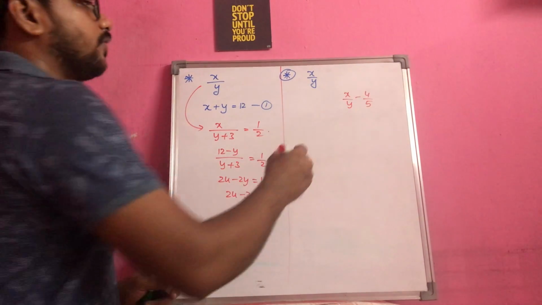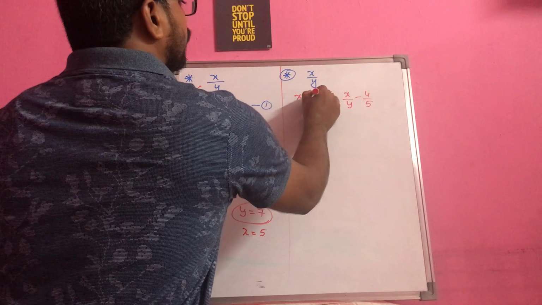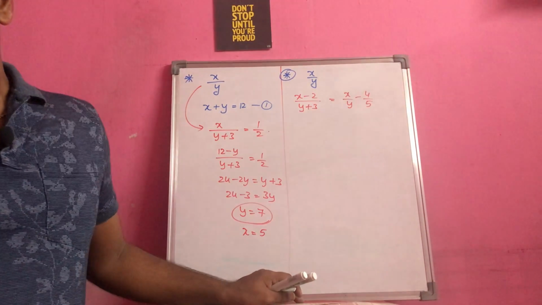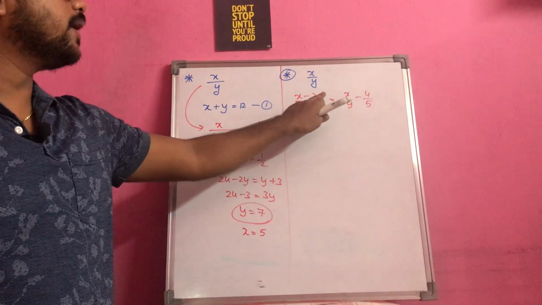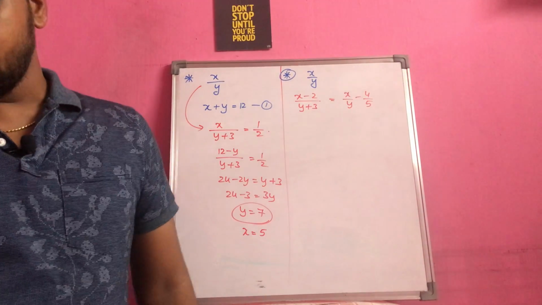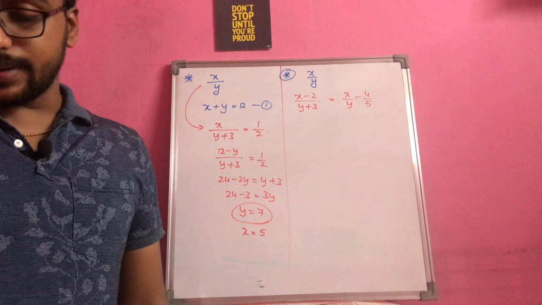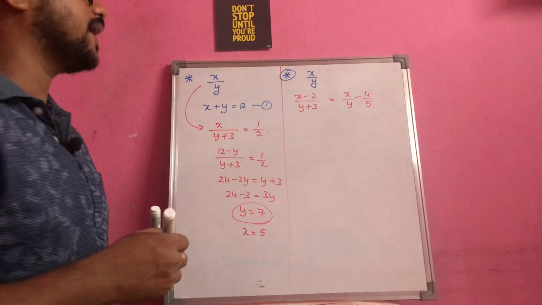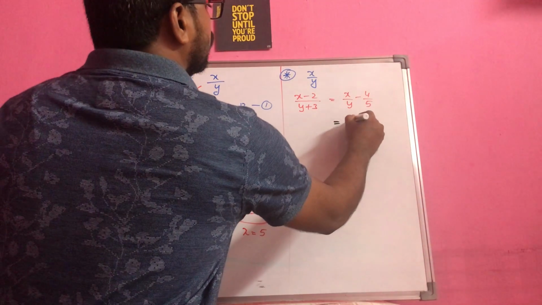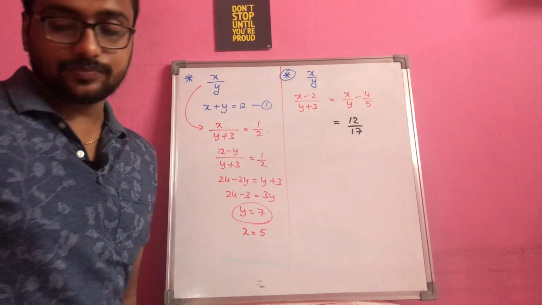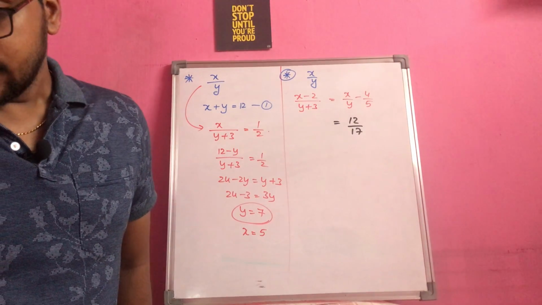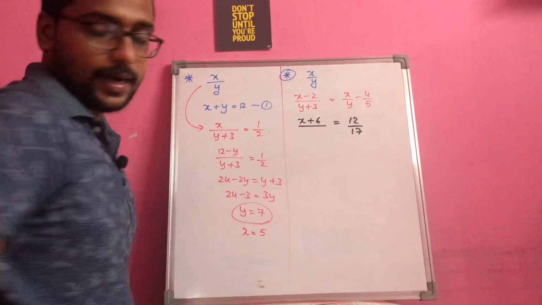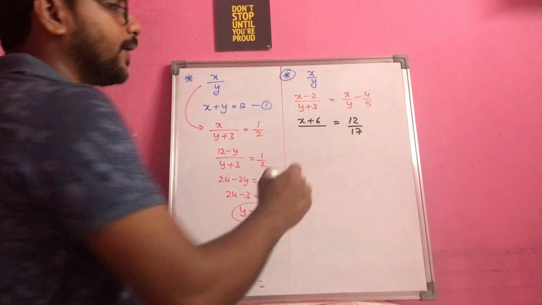When 2 is subtracted from the numerator and 3 is added to the denominator. But it reduces to 12 by 7. If 6 is added, it is reduced to 2. That means x by y is now becoming 12 by 17 when 6 is added to the numerator and the denominator is multiplied by 2.